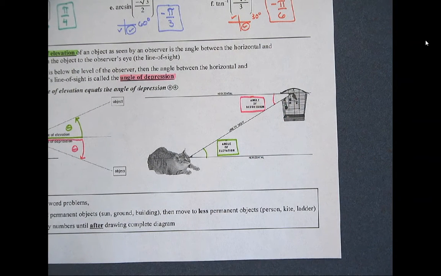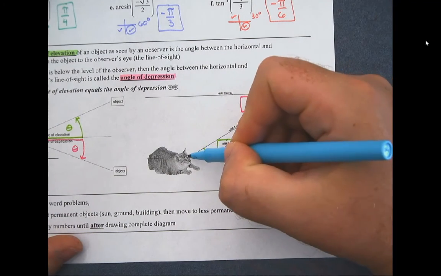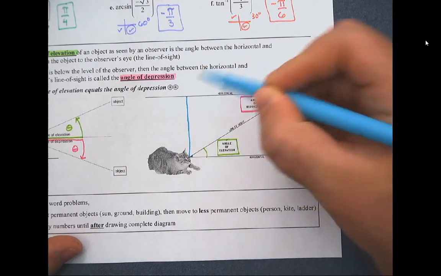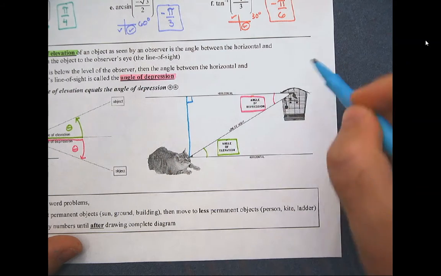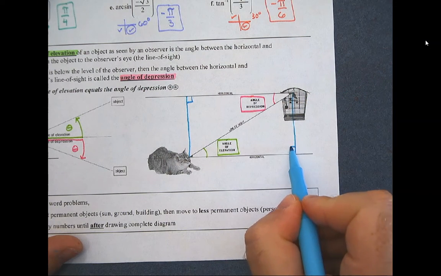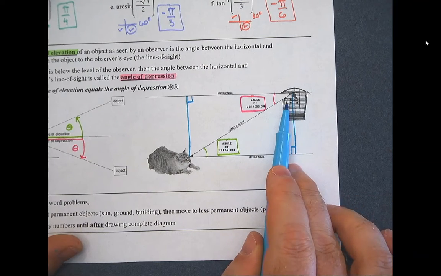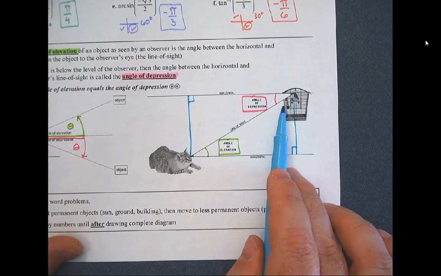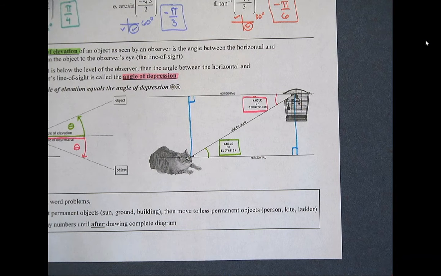Now there's a right triangle that we could draw in here. I could make this a right triangle, or I could make this a right triangle. And what people want to do is identify this as the angle of depression because it's in the triangle. Problem is that's incorrect. That is not true at all.